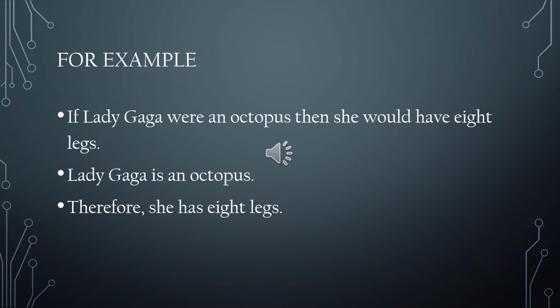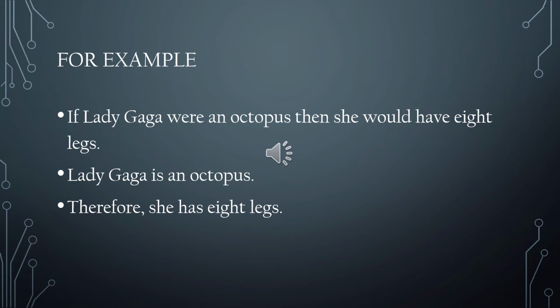Now, we could use our second test of validity on this argument and simply pretend hypothetically that the premises are true, even though that second statement, that Lady Gaga is an octopus, is in fact false, and it would turn out that we could determine that this is a valid argument. If it were true that if Lady Gaga were an octopus, then she would have 8 legs, which it is true, so that's pretty easy.